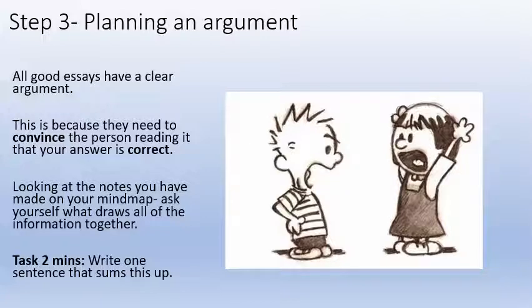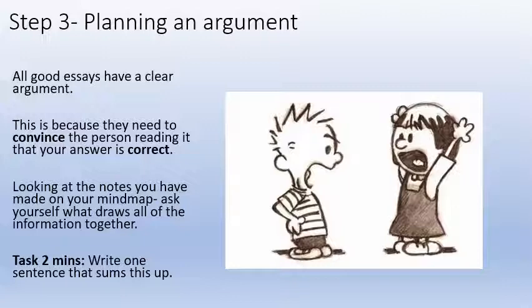Now all good essays have a clear argument. All that means is you've got a clear point that you're trying to make. This is because you need to convince the person reading it that your answer is correct. Looking at the notes you have made on your mind map, ask yourself what draws all of the information together. Difficult question that, but see if you can do it.